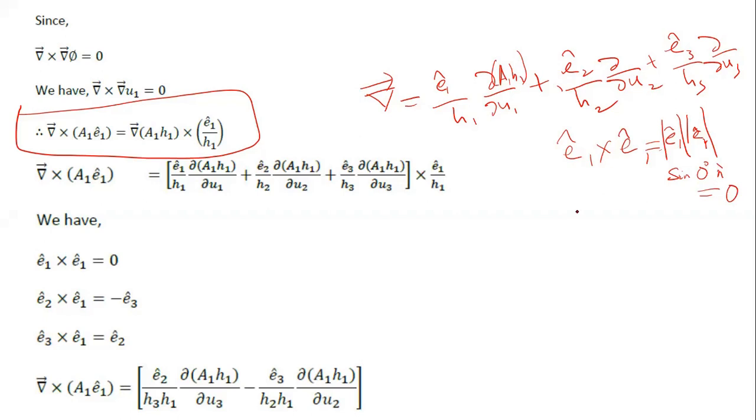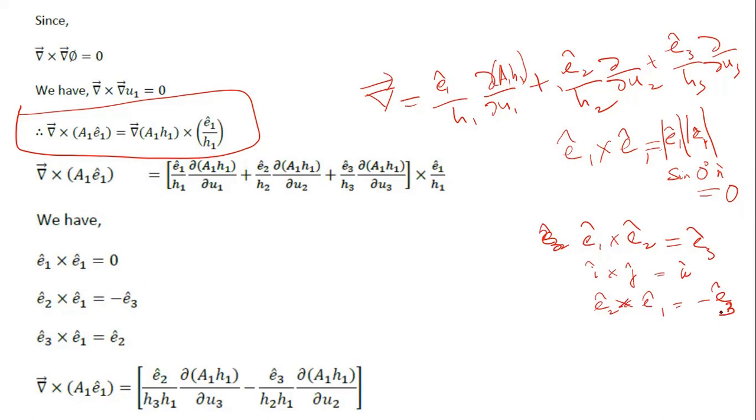So we talk about this orthogonal curvilinear system. We are considering only orthogonal curvilinear system. So in orthogonal curvilinear system, e1 cross e2 will be e3, just like in the case of Cartesian, i cap cross j cap is k cap. But if you consider e2 cross e1 cap, this will be minus of e3 cap.